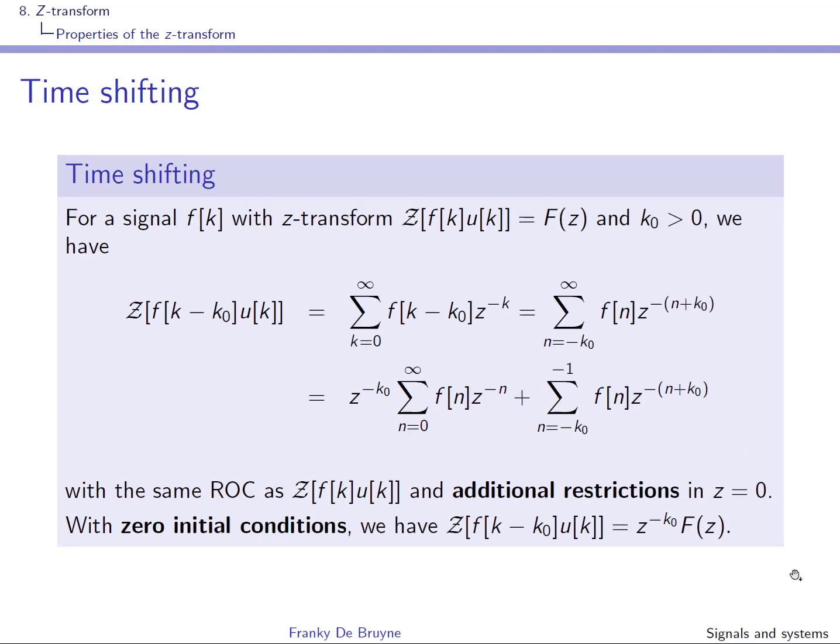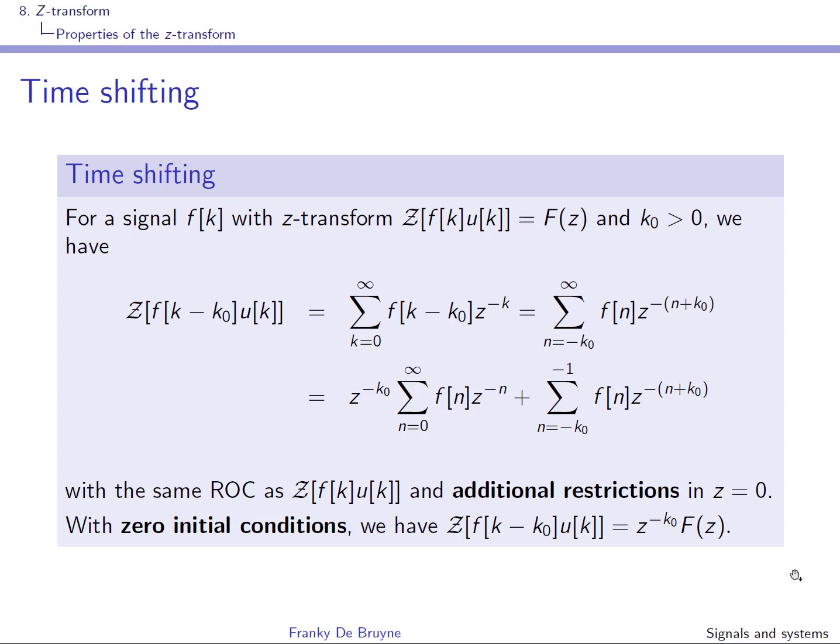What we'll do now is obtain the very important property for time shifting. So we are going to compute the Z transform of a time shifted signal, knowing the transform of the original signal, and this is going to be important when we solve difference equations.